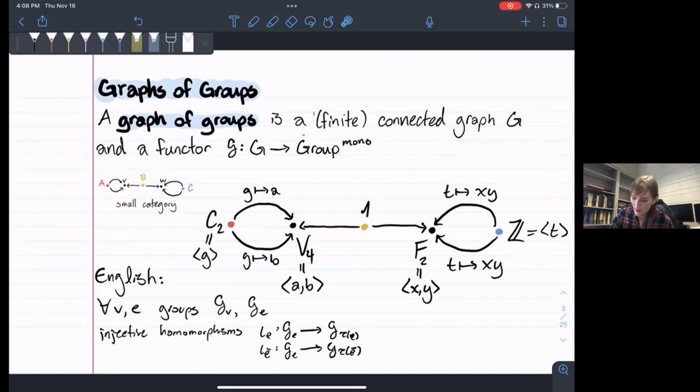And then from the cyclic group of order 2 to the Klein-4 group, I have one setting. I'm saying that the cyclic group of order 2 is generated by G, and that the Klein-4 group is generated by A and B. And so I'm setting G to A for one of my homomorphisms and setting G to B for the other.